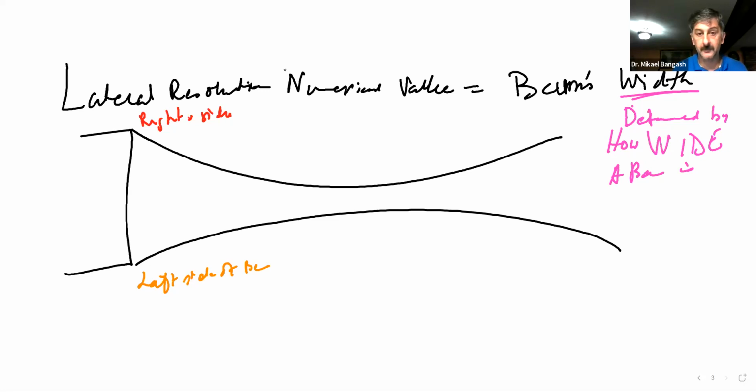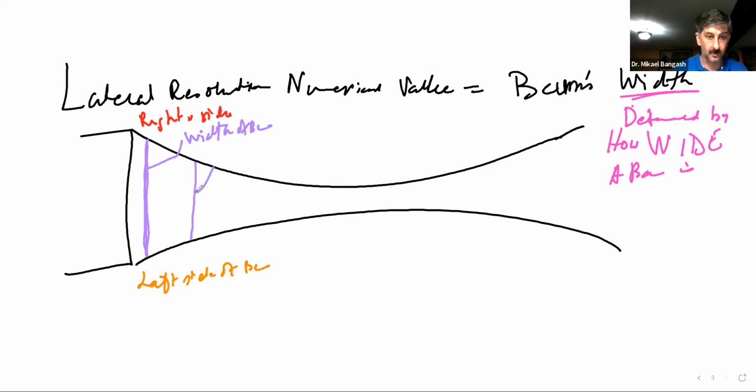So for now, whenever we talk about lateral resolution and we draw a beam to explain that, just assume that we are looking at the beam from above. Clear? Then this will be the right side and this will be the left side. And what is this distance here going to be? We can say it's the width of the beam.